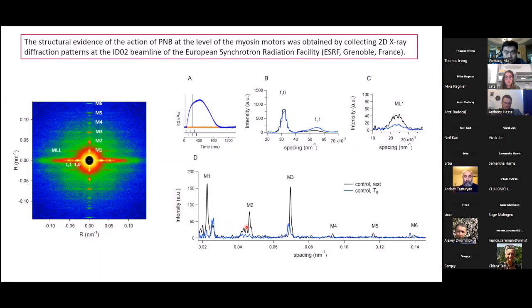So we have preliminary experiments that have shown that in the presence of 20 micromolar para-nitroblebbistatin, both the ATPase activity of frog HMM and the fiber force during tetanic stimulation are reduced to zero.